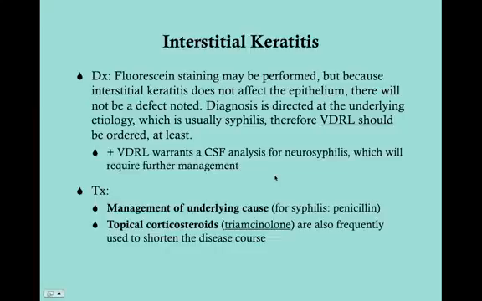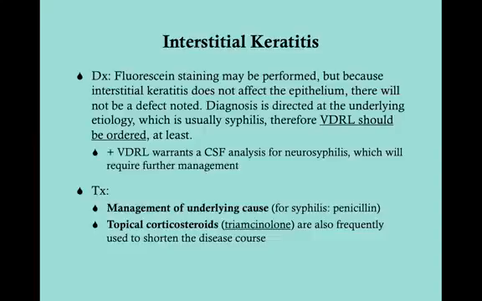So for diagnosis, you can do a fluorescein stain, and I would imagine that that would be a logical thing to do anytime you suspect keratitis, but if it's performed, you will not note a defect. Why? Because this is not something that affects the epithelium.